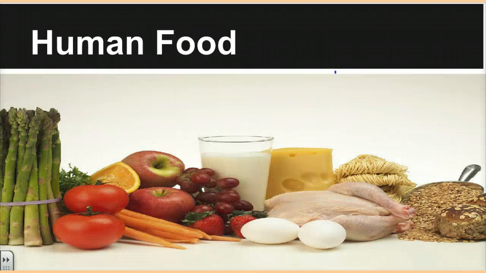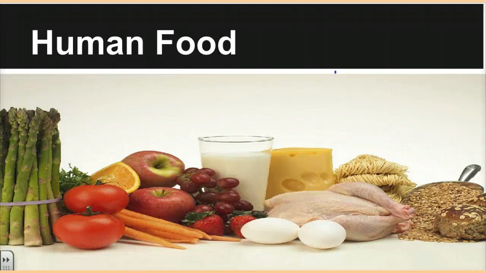Human food. Human food basically is similar because it contains carbohydrates, protein, fats, minerals, vitamins, and water, as any food that is available on Earth for living organisms. However, human food is basically treated most of the time.